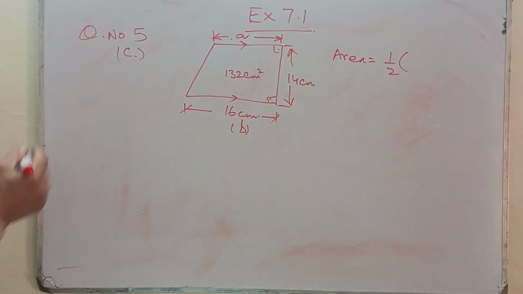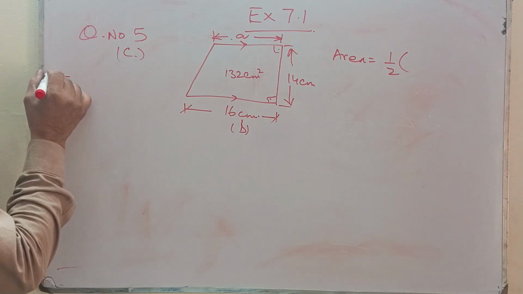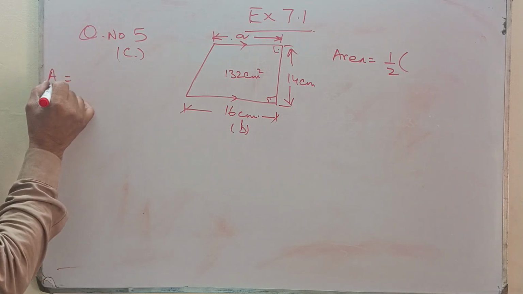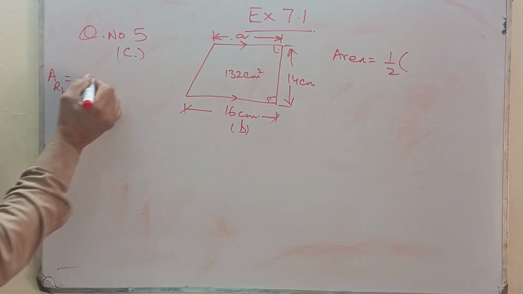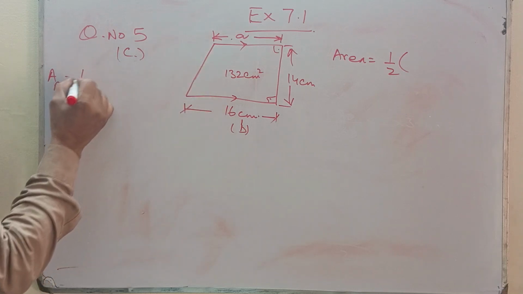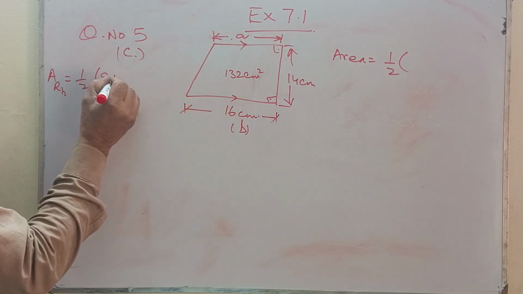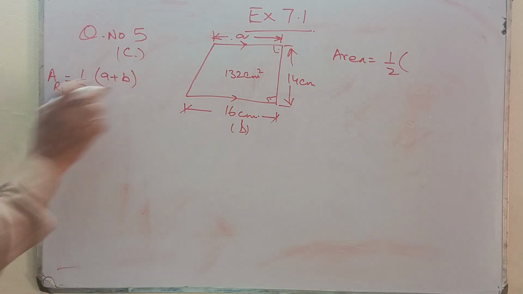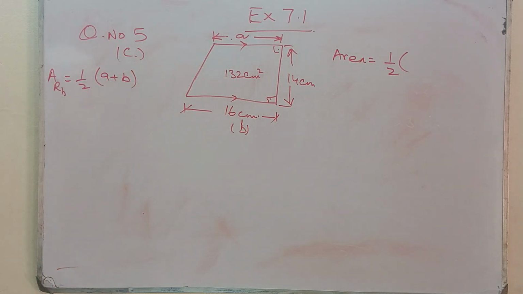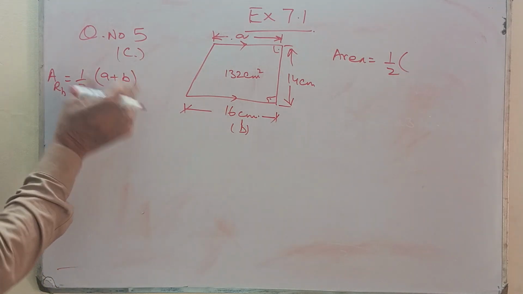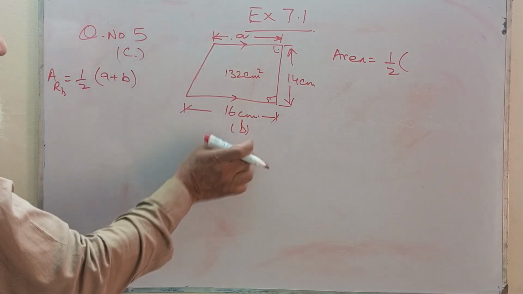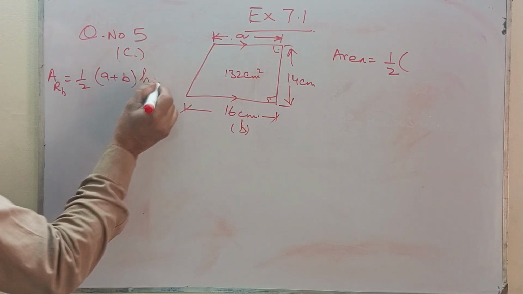You remember the area is equal to the area of the trapezium. Now, the area was half A plus B, the summation of the parallel sides, multiplied by height.